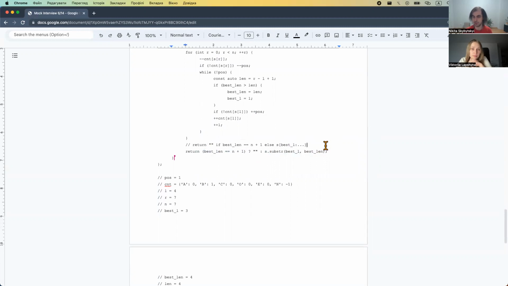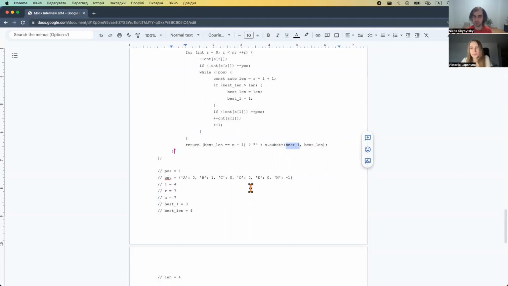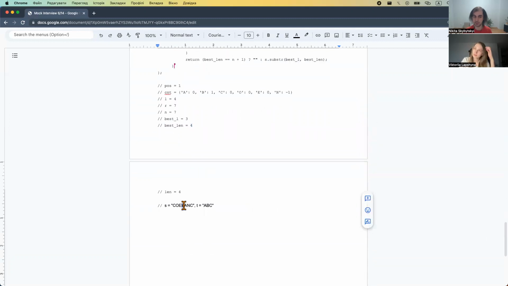It is a ternary operator. So we return the substring starting at 3 of length 4. 3 is B, length 4 is BANC. So we return BANC, which is supposedly the right answer because I don't see a shorter substring. It is for sure the correct answer.